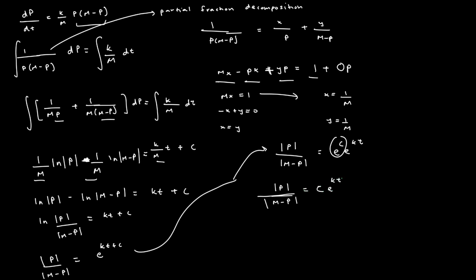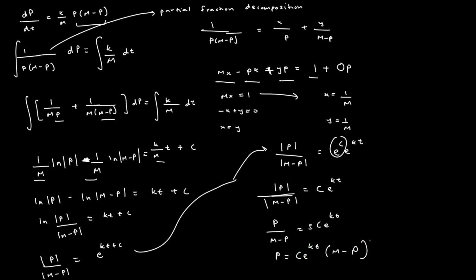Now let's try to reason about this left side. Since this is an absolute value, we can just get rid of it by doing p over m minus p is equal to plus or minus c times e to the power of kt. Now this plus or minus c is just going to shift the constant, and so we can again rewrite this as p is equal to some constant c times e to the power of kt times m minus p.